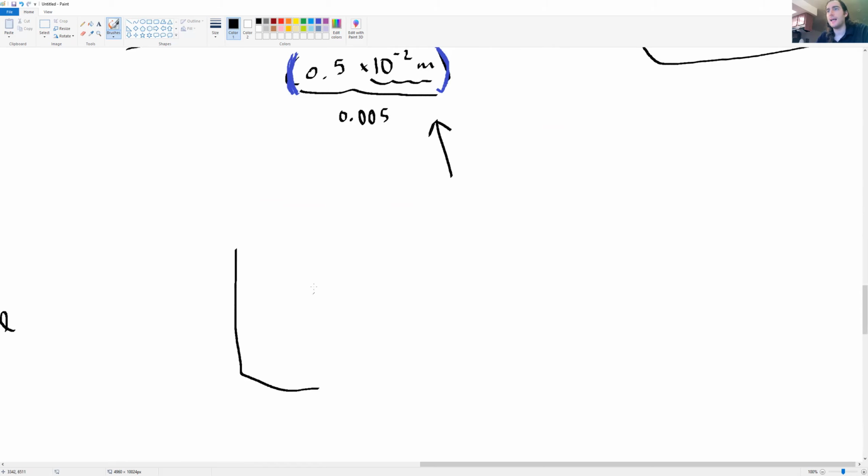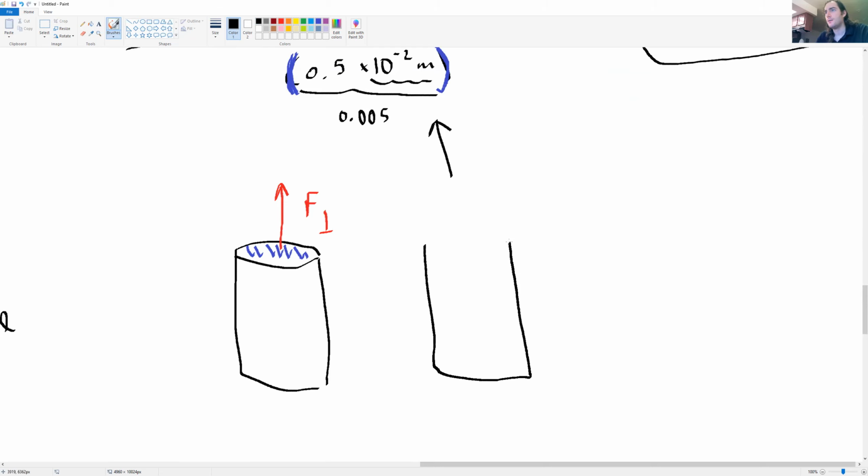When we're looking at elastic modulus, maybe we had a cylinder like this, and it was this area here, right? And we had a perpendicular force. And when we're talking about shear, shear looks like this. It's the same area there, but the force is now parallel to that area.